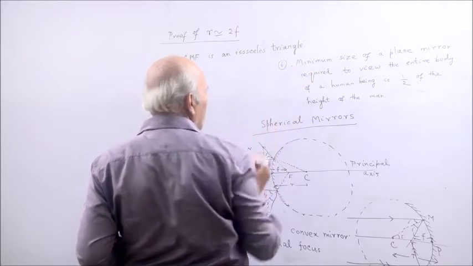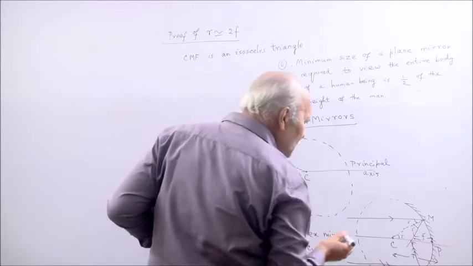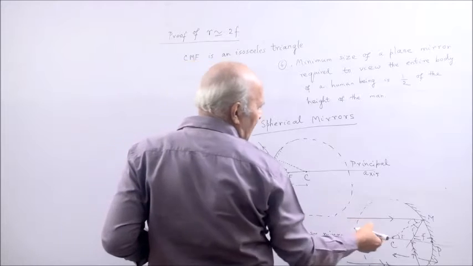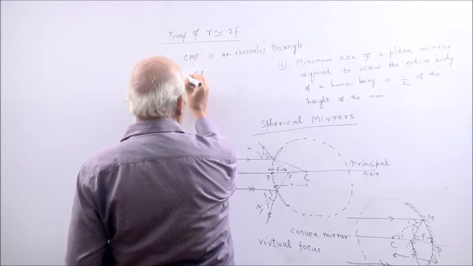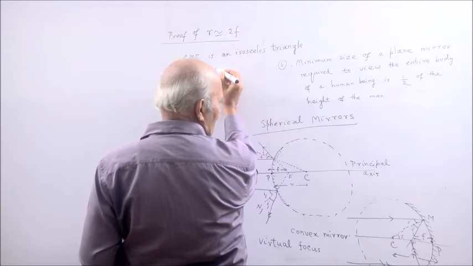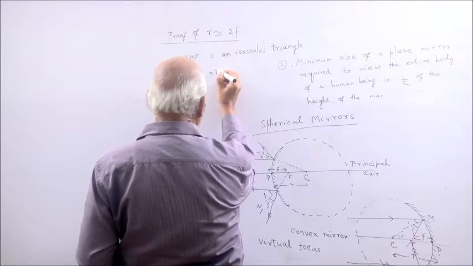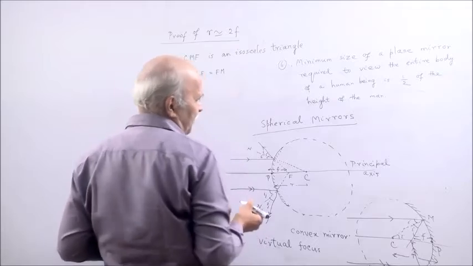So what will happen? The side lengths are equal. So this implies CF is equal to FM.